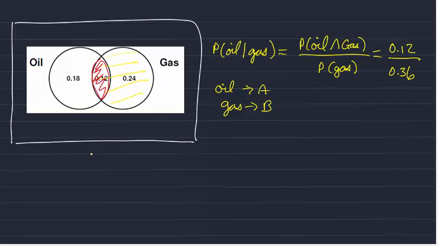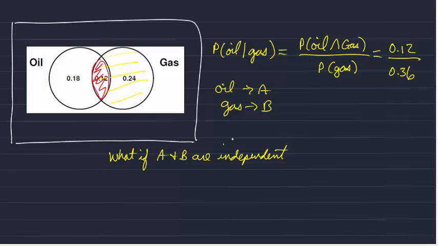So that's when A and B are not mutually exclusive. What if A and B are completely independent? They're independent of each other.